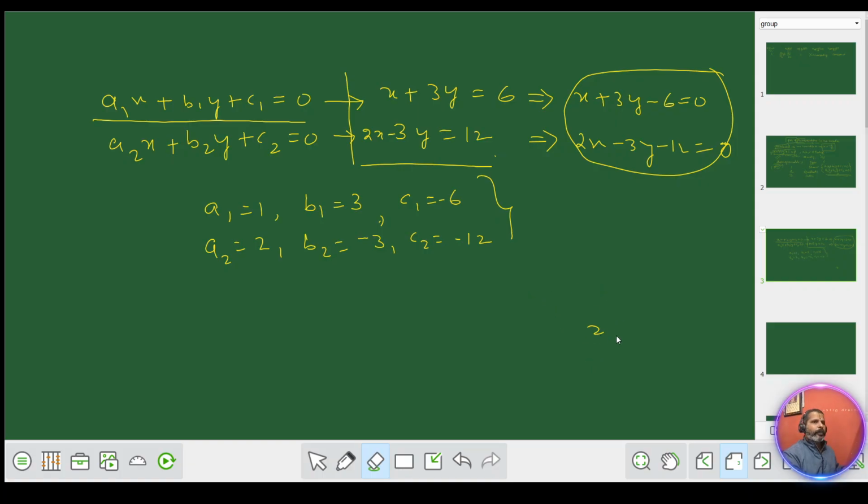Let's see the next part. We have seen the condition a1 by a2 not equal to b1 by b2.